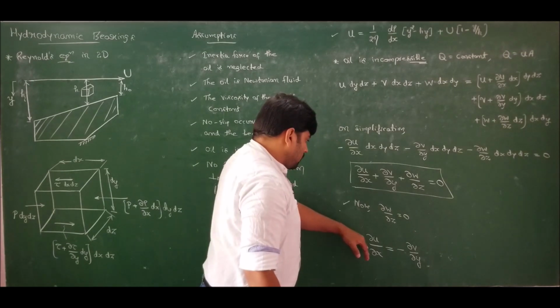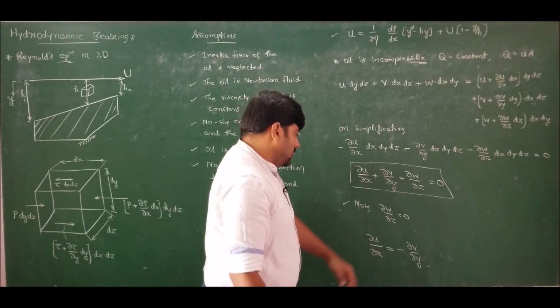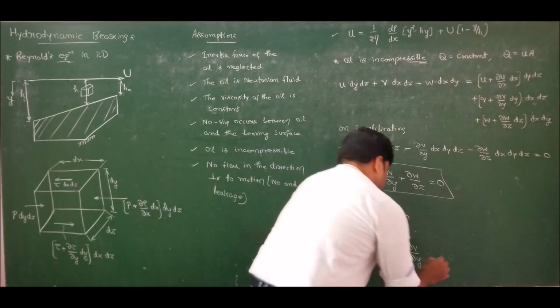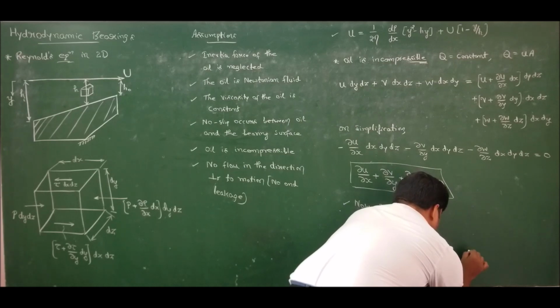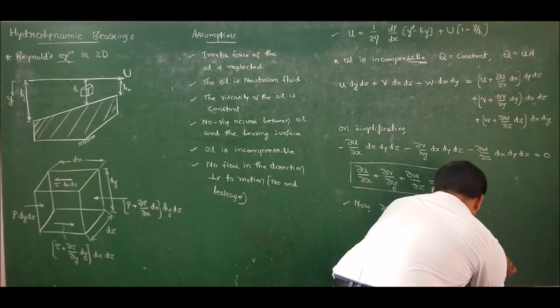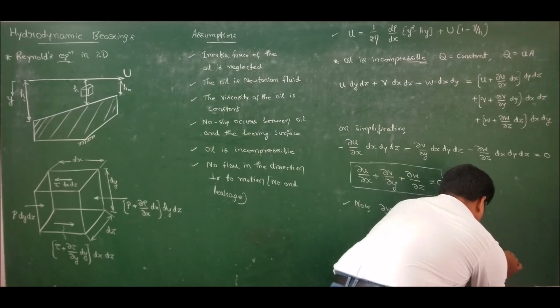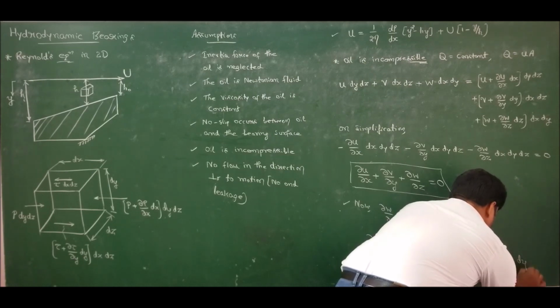Now what is the value of dou v? I can write it as dv is equal to minus dou u by dou x into dy.